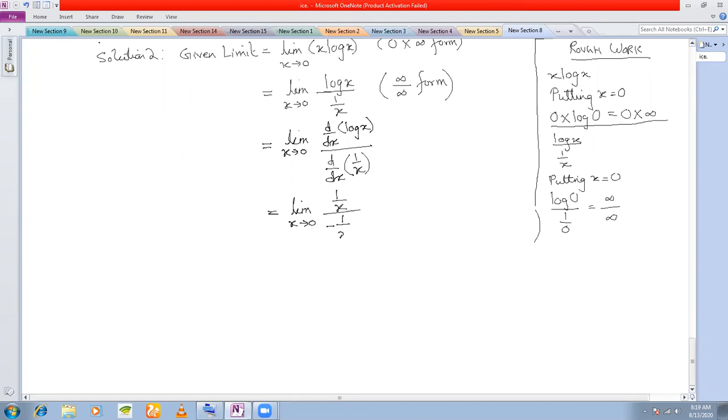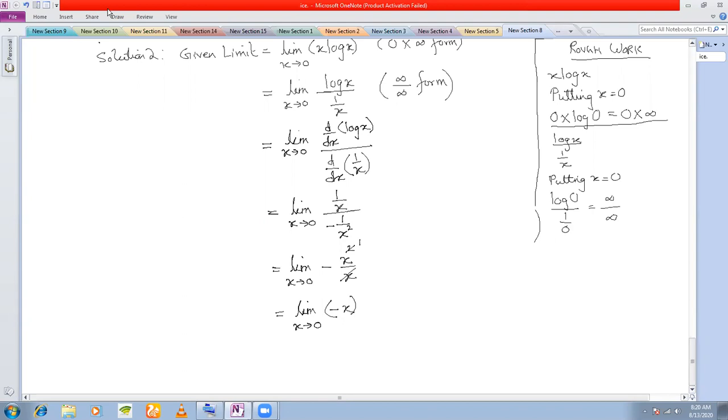And d/dx of 1 by x is minus 1 by x squared, so we get 1 by x over minus 1 by x squared, which is minus x after cancelling one factor. Now you have done the first differentiation.